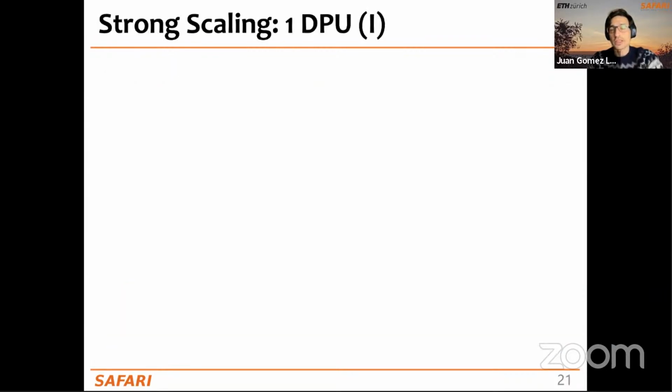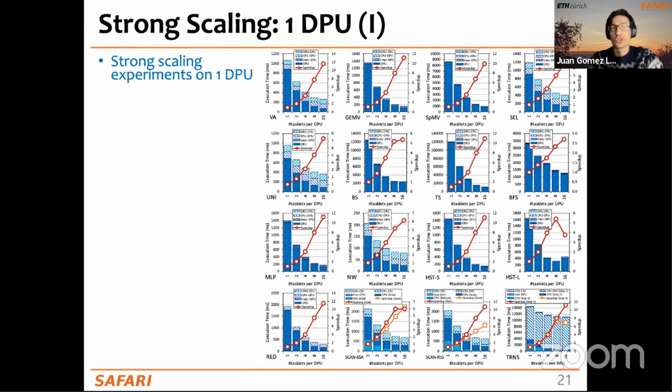So let's start discussing the results for strong scaling on one DPU. The idea of this experiment is to see what the best performing number of tasklets is. Remember that one of the key general programming recommendations was to use at least 11 tasklets. Now we want to see if this is a good programming recommendation or not. Hopefully it will be.